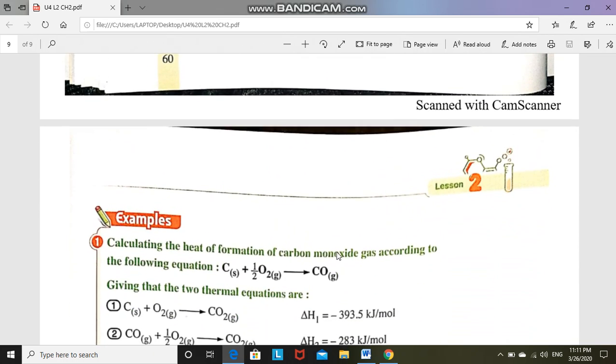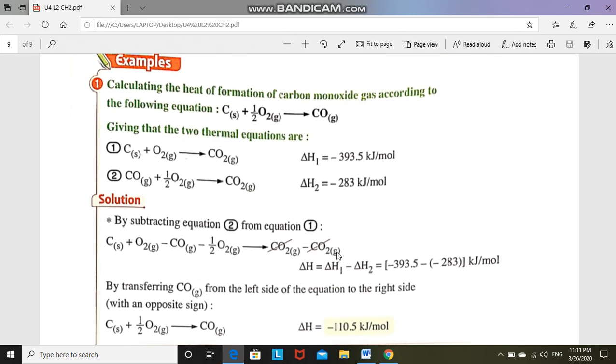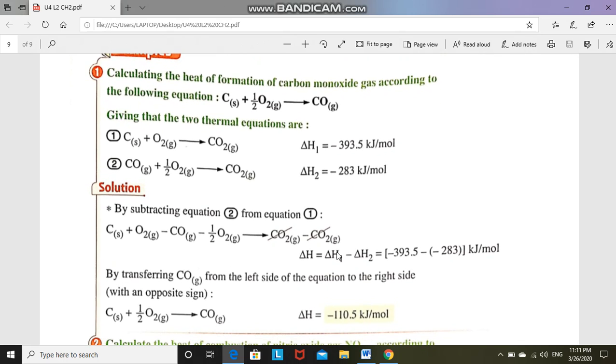Okay, we have here a lot of examples. Calculating the heat of formation of carbon monoxide gas according to the reaction we want to get: carbon in the solid state plus half O2 gives CO. We have two thermal equations here. Carbon plus oxygen forming carbon dioxide, with delta H1 equal to negative 393.5 kilojoule per mole.